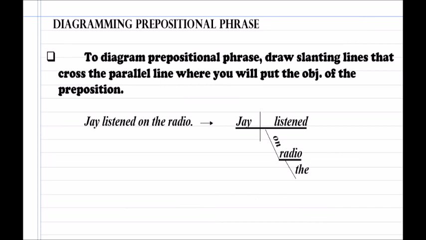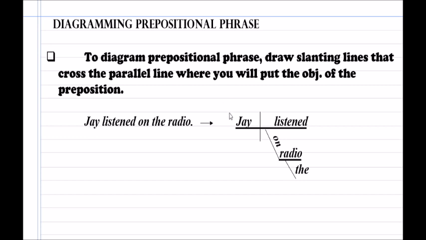Now, how to diagram a prepositional phrase. To diagram a prepositional phrase, draw slanting lines that cross the parallel line where you will put the object of the preposition. For example, Jay listened on the radio. Of course, Jay is the subject and listened on the radio is the predicate.